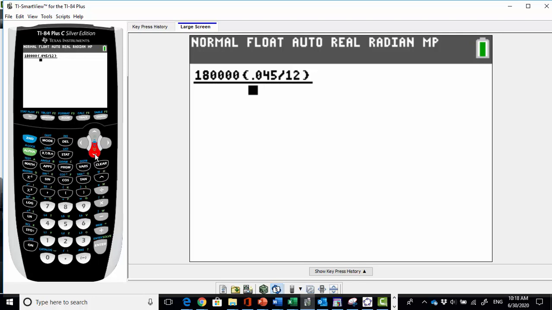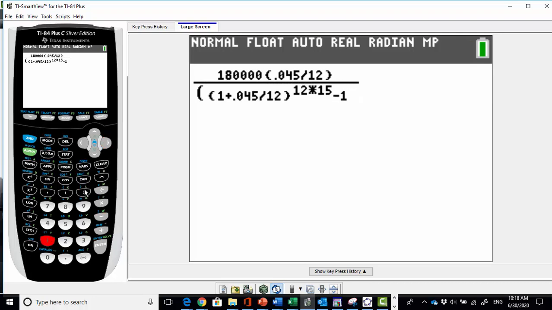Move the cursor to the bottom, open parenthesis, another parenthesis, 1 plus 0.045 divided by 12, close parenthesis, raised to n, which is 12, times 15. Bring down the parenthesis, then minus 1, then close the parenthesis. So enter.